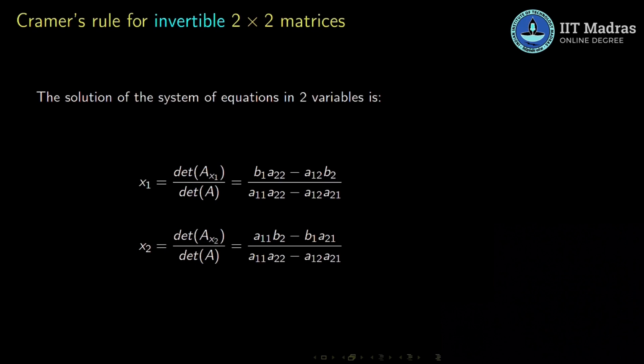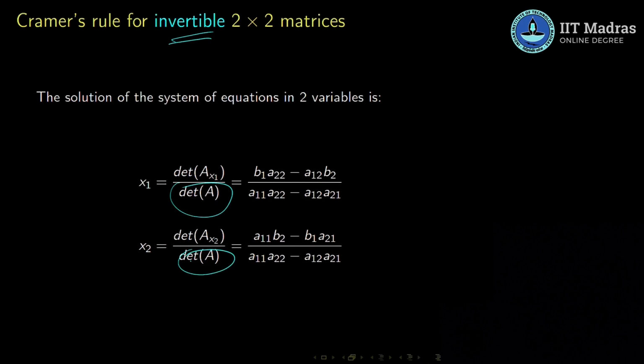So, this is determinant of A subscript x1 by determinant of A. Note that this division makes sense because A is invertible, and x2 is determinant of A subscript x2 by determinant of A, again makes sense, and we know explicitly what these expressions are.